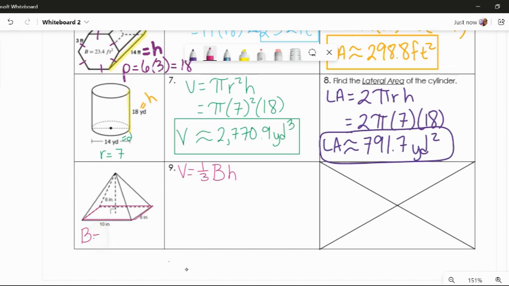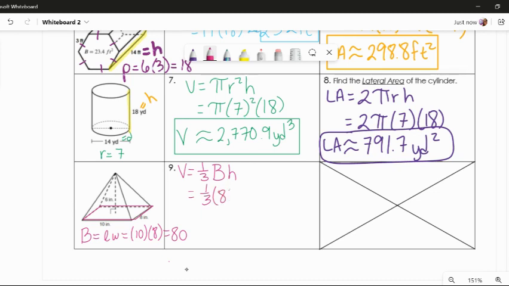So the area of the rectangle, and most of you probably already know that, it's just length times width, which here our length is 10 times our width is 8. And that gives us an area of the base of 80 units. But it is on the formula chart if you need to look at the formula for area of the rectangle. All right, so if we go back to our formula, that's 1/3 area of the base.